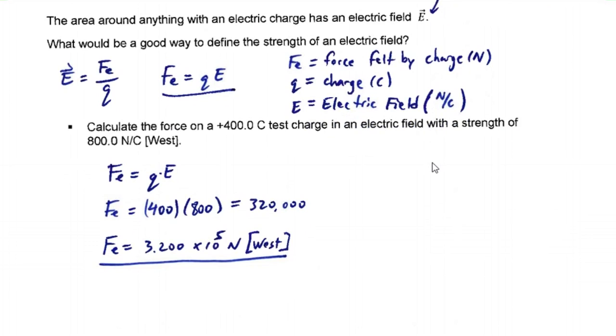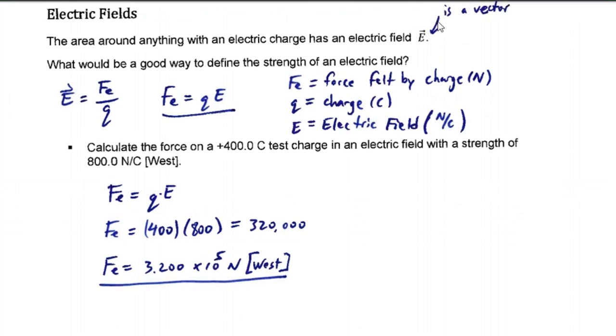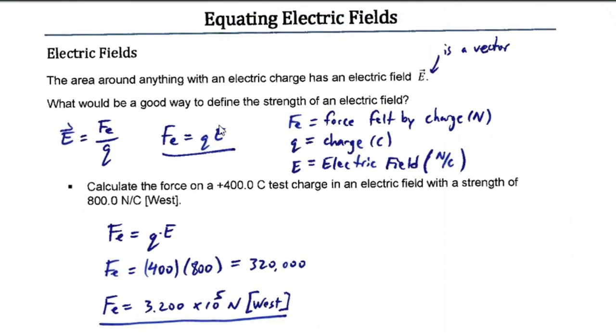So the last thing to mention before we get into the questions is that when we're looking at the electric field and making these calculations, we're always basing it on a positive test charge. So if the field, for example, was going east and the charge was positive, then the force on that charge would also be east.